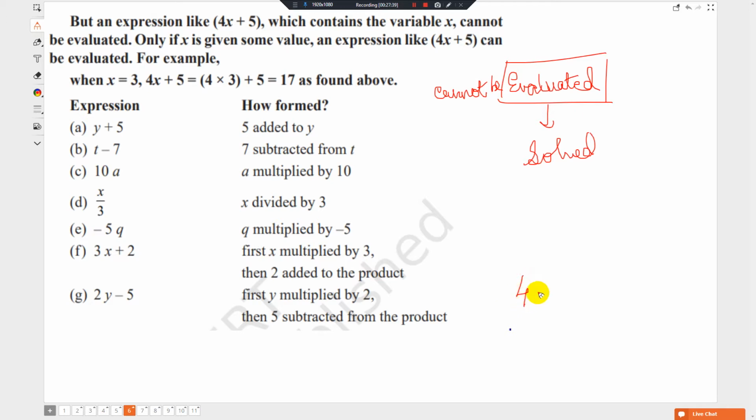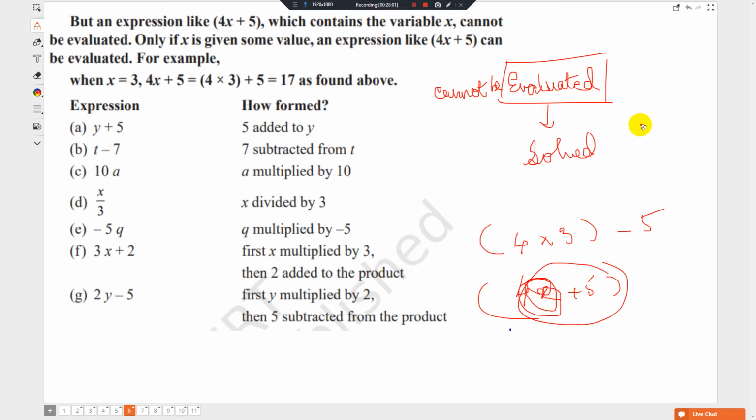For example, if we are shown x as 5 in brackets, we can solve a particular problem like 4x plus 5. But why can't we solve this otherwise? Because we don't know the value of x.